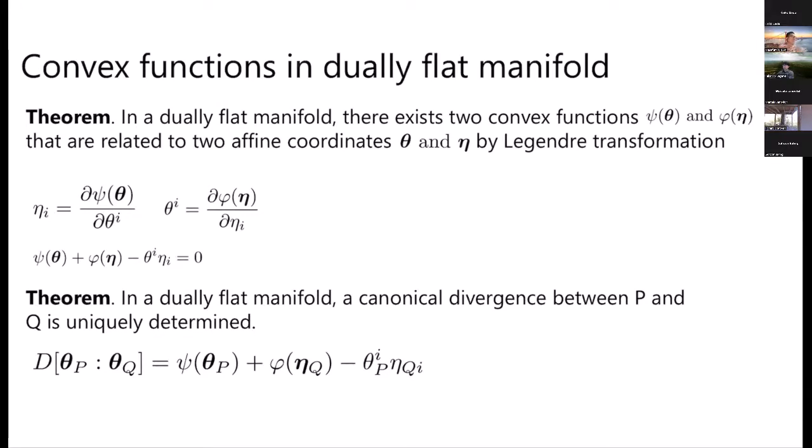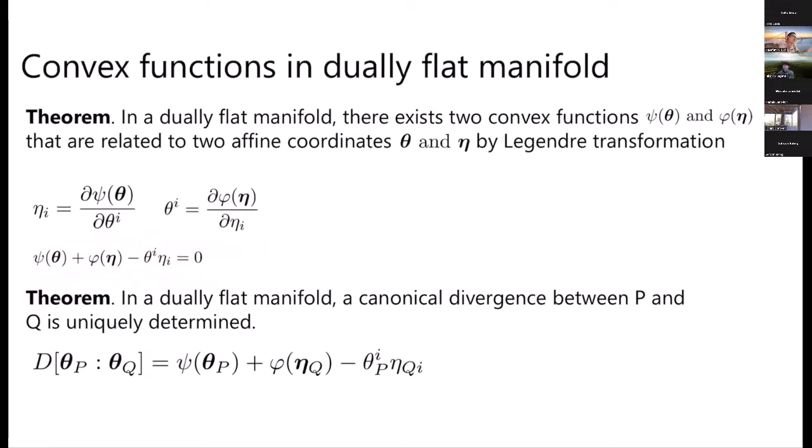The first one is that in a dually flat manifold, there exist two convex functions, phi and psi, that are related to the two affine coordinates theta and eta by the Legendre transformation, like this.